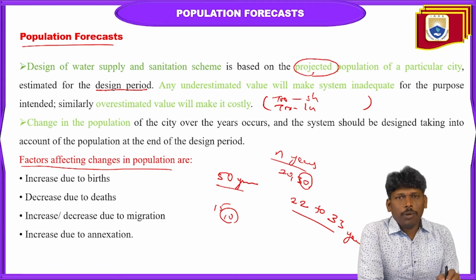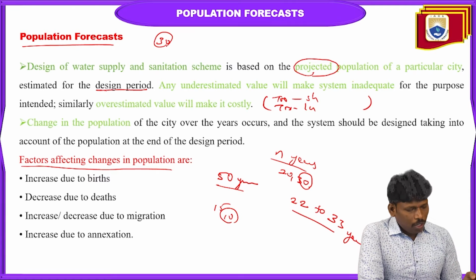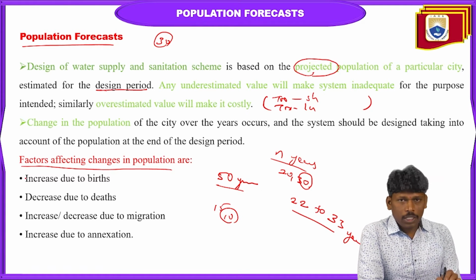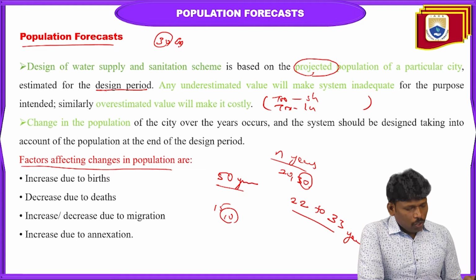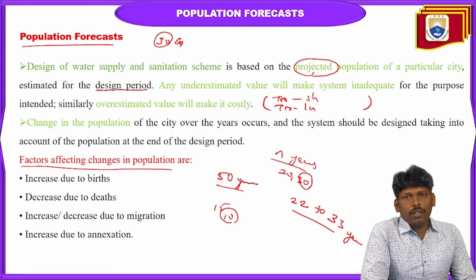So we are estimating the population for the next 30 years from now. This is for example only. In this case, what are the various factors that may increase and decrease the population?